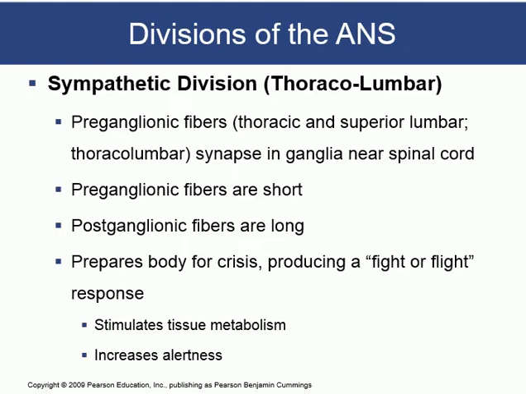You will see this in the lab if you didn't see it yet. So one nerve comes from thoracic or lumbar and goes to a ganglia, or synapse, and then the next comes from the ganglia to the organ. Sympathetic doesn't go from the spinal cord all the way to the organ. It goes in 2 steps. One before the ganglia, and the other one after the ganglia. And the ganglia is right beside the spinal cord.